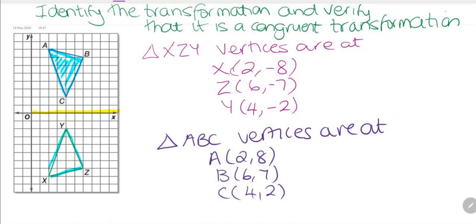So this is a reflection, but we need to confirm by using the distance formula. So we're going to have a look at that.